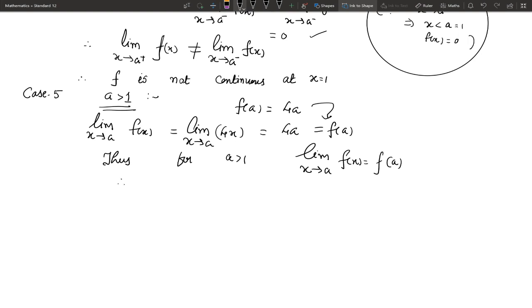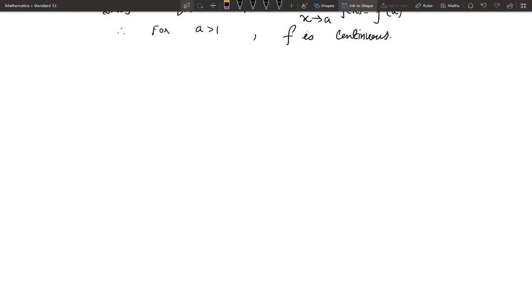and therefore for a greater than 1, f is continuous. Now next time we discuss more problems of continuity.